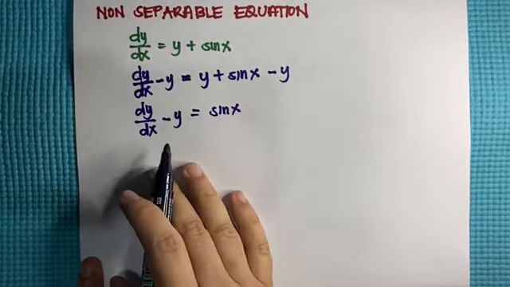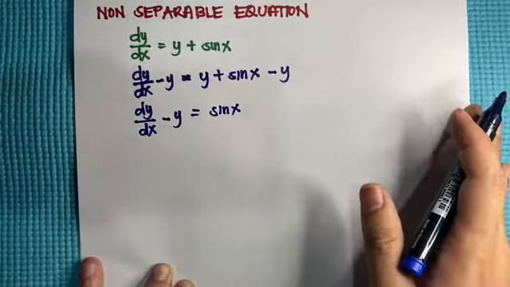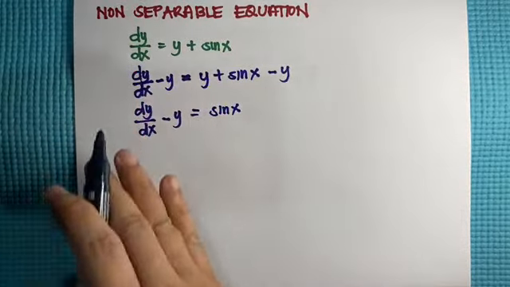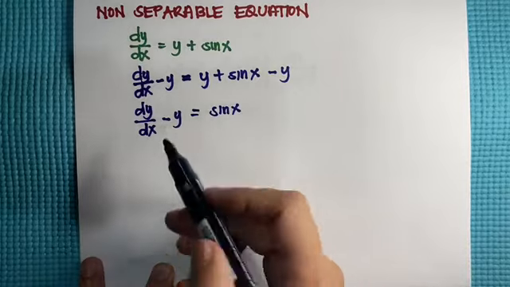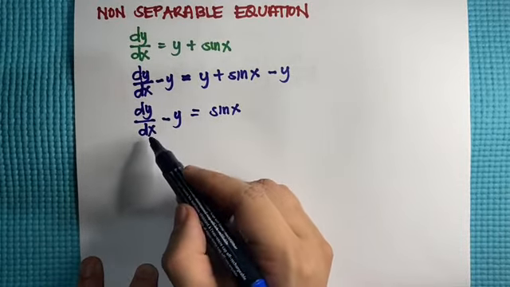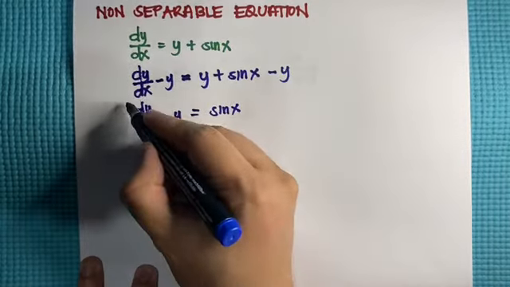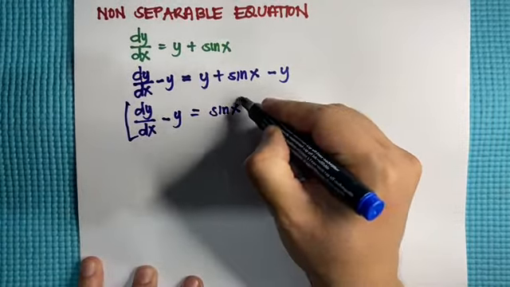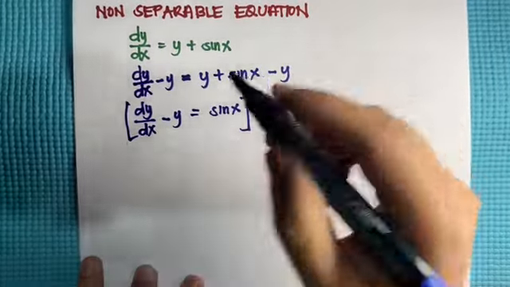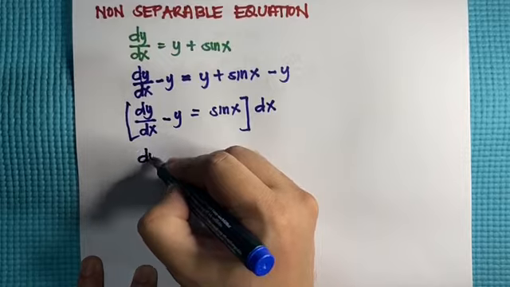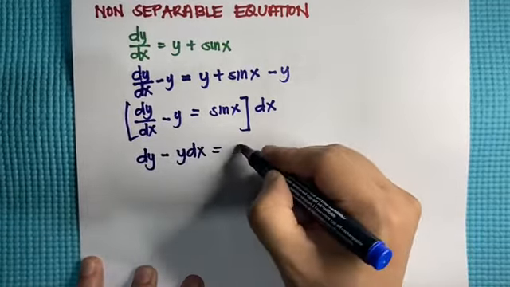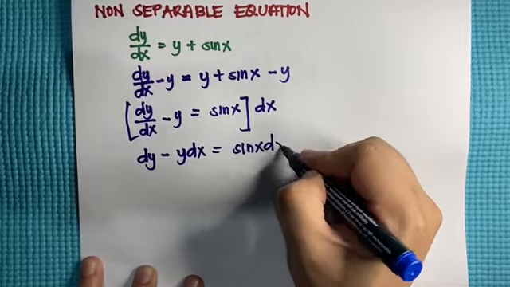In this case, the one on the right side is a function of x. However, the one on the left-hand side of the equation is still a function of both y and x. And if we want to remove dx on the left-hand side, we could multiply the whole equation by dx again, yielding dy minus y dx is equal to sine x dx.